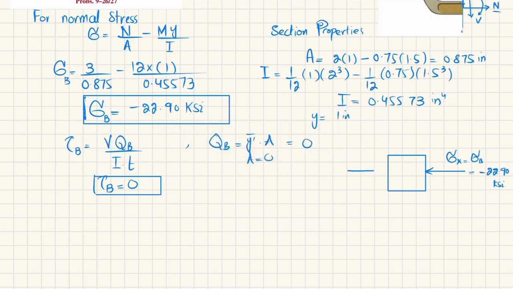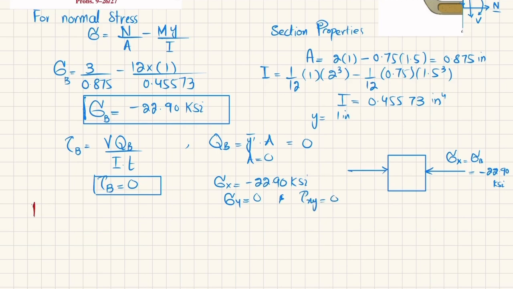Clear? There is no stress in the y direction and there is no shear force. So here you can see sigma x is equal to minus 22.90 ksi, sigma y is equal to 0, and tau xy is again equal to 0.